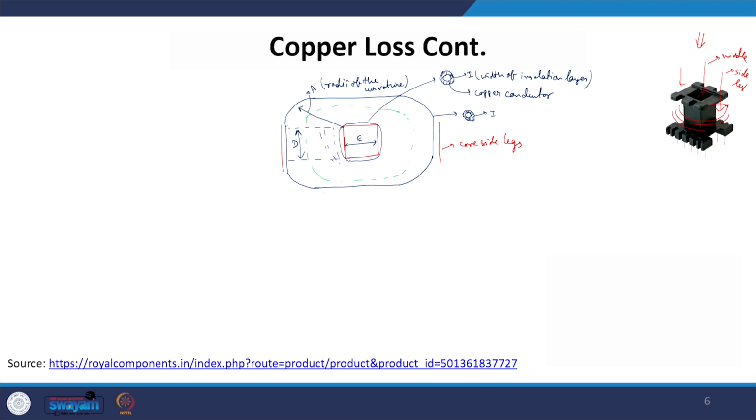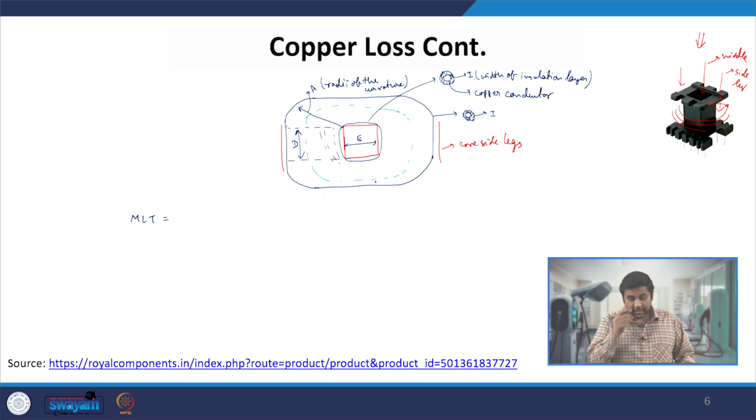Then we can find the mean length per turn, which corresponds to this green dotted line we have drawn. If you look very carefully, this is my radius A, which is taking this curvature, and it is a quarter. These are the four ends, 1, 2, 3, 4. So we have four curvatures, each roughly at 90 degrees.